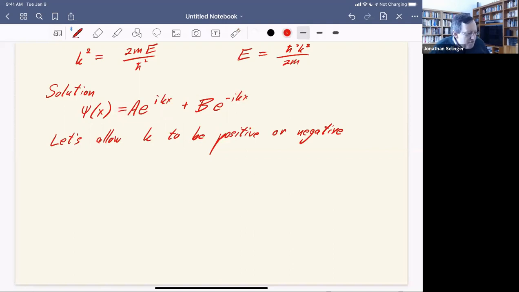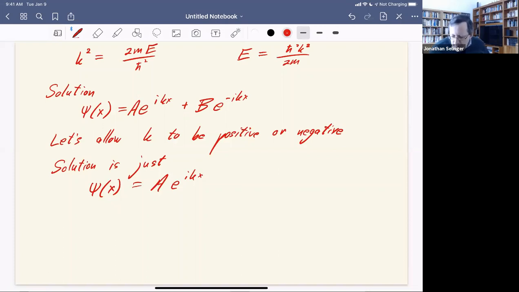And so we just have that the solution is psi of x equals A e to the ikx.